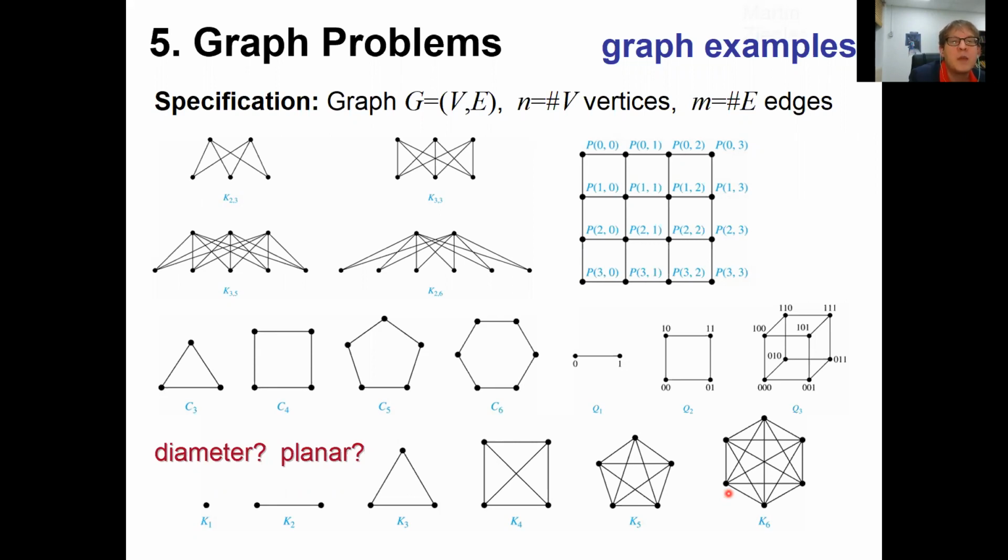On the other hand, the diameter is growing linearly. So these two graphs, although both connected, exhibit the extremes of a trade-off between diameter and degree: small diameter and large degree for the complete graph, and large diameter and small degree for the cycle graph.